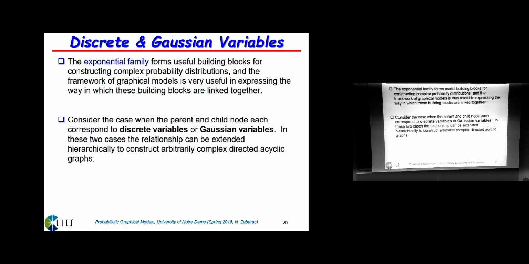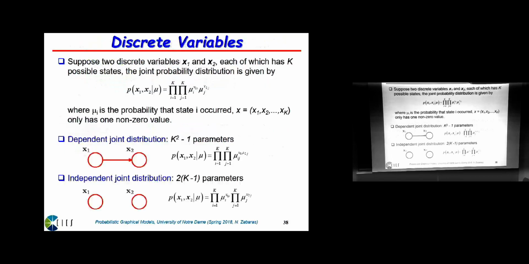But right now, I'm going to do 2 examples, with discrete variables and Gaussians, to convey the message on how to operate with these graphs. So let's start with discrete variables. If something doesn't make sense, stop me, because these examples were built on much more complicated graphs as we go along in the course.